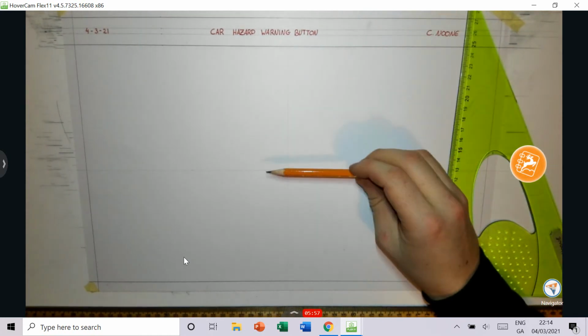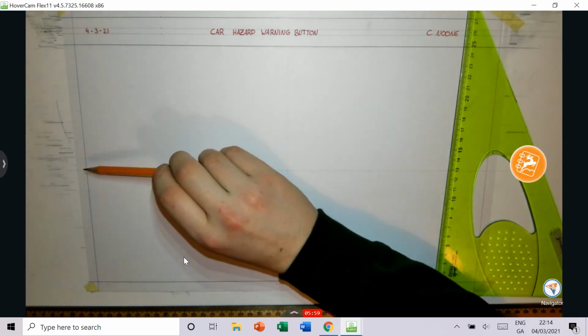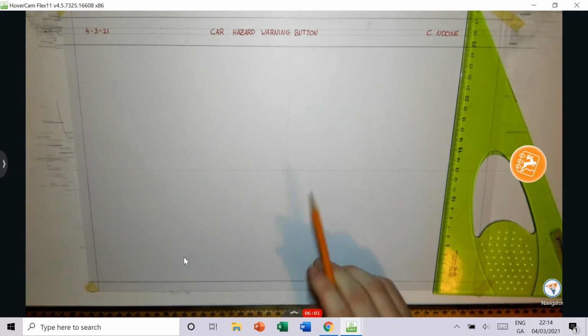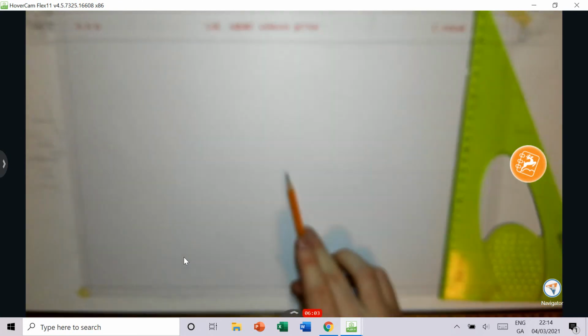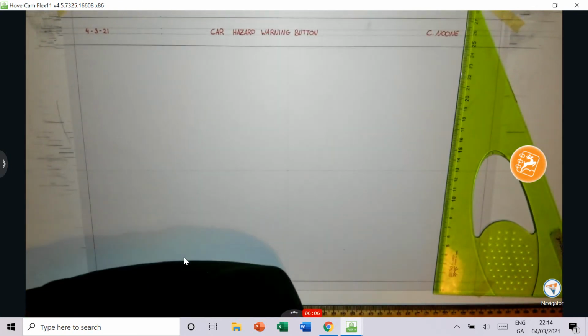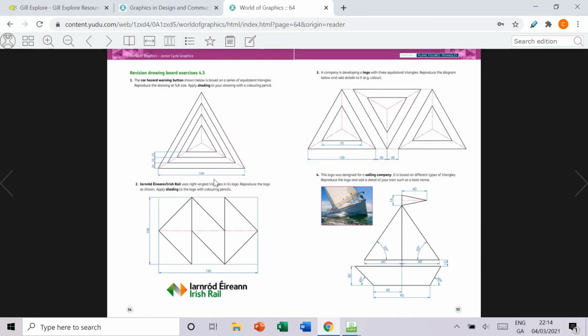So what I've done here is I've come down 120 and I've come in from the border 200, and that's going to find me the center of this sheet. And in my question, that's going to be this center point here.